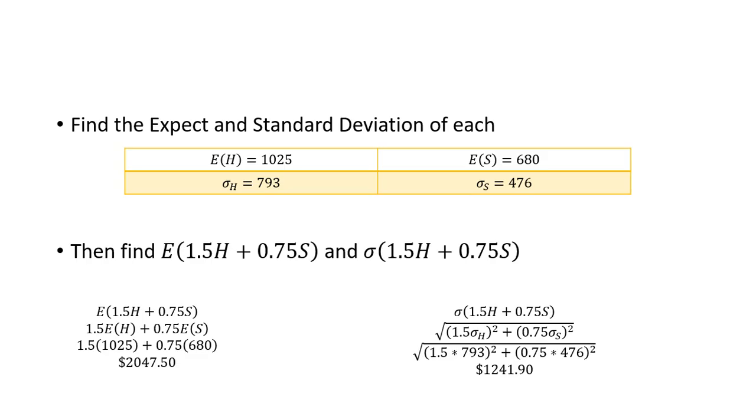Add them together, then take the square root, which was the standard deviation formula at the beginning of this lesson, okay? And so the standard deviation of the hot dog and soda profit would be $1,241.90.